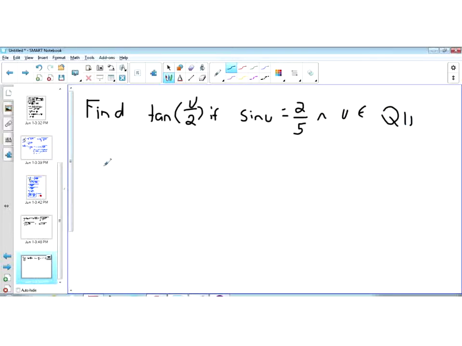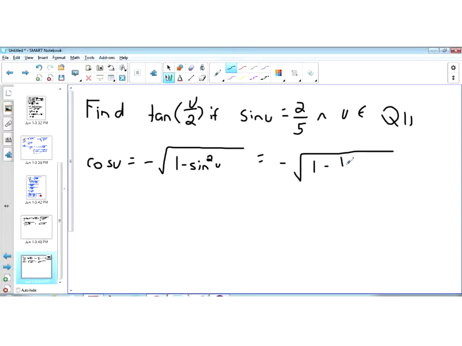So we know that the cosine of u is equal to the negative of the square root of 1 minus sine squared u in quadrant 2. Okay, and so that's equal to negative the square root of 1 minus 4/25, which is equal to negative the square root of 21 over 5.